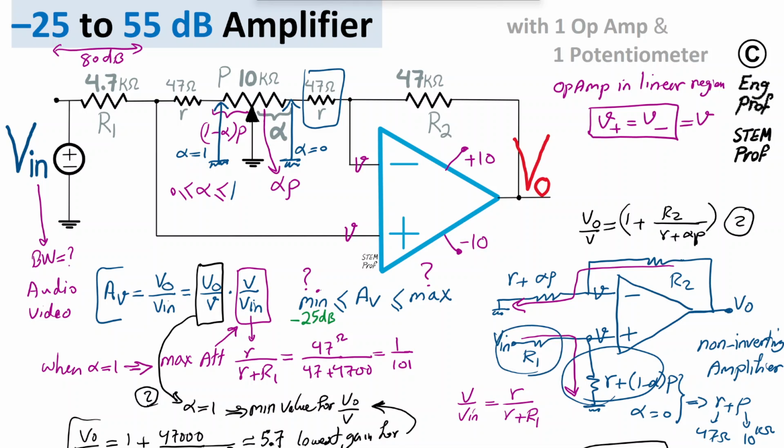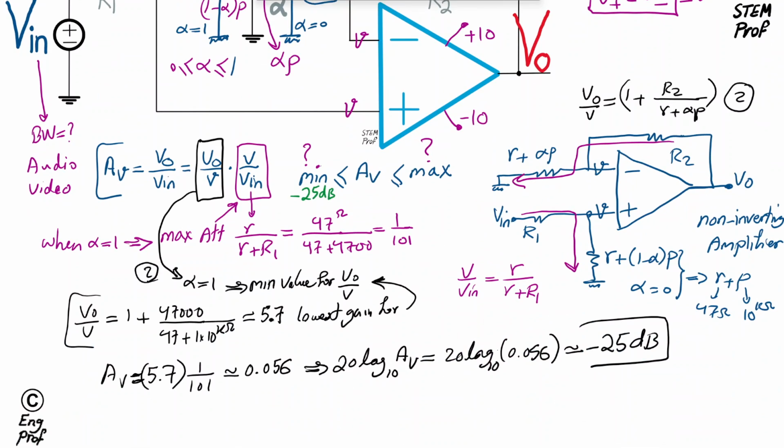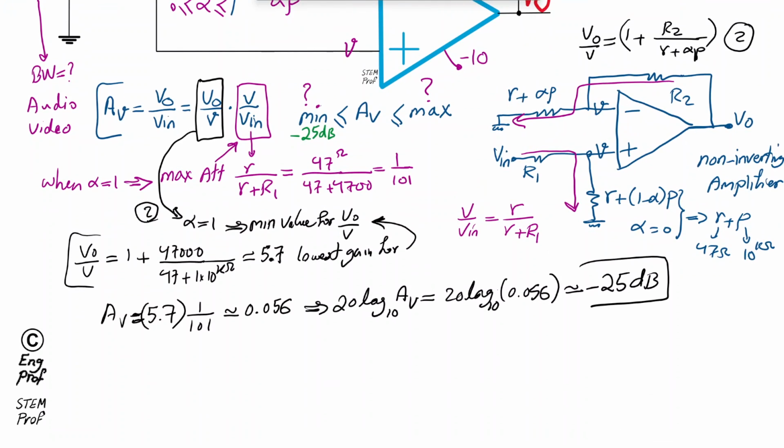So it's roughly 10 kilo ohm that we have here. And we have 4.7 K here. So what happens is this time, this portion is maximized. Okay, so I'm going to write it here. When alpha equals 0, we get the maximum value, V over V in maximized.